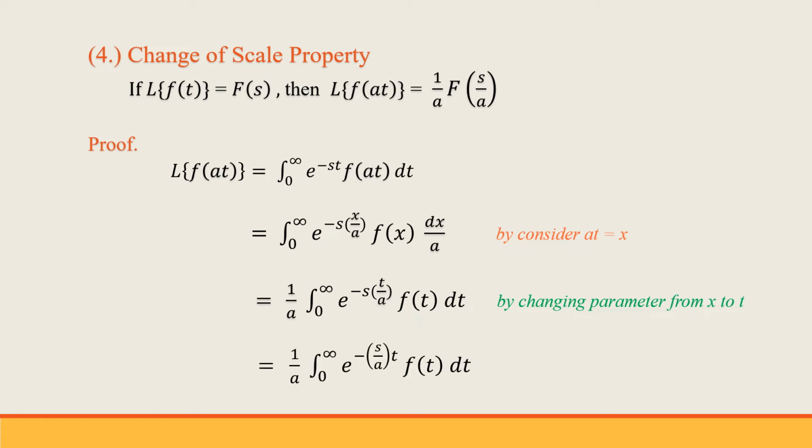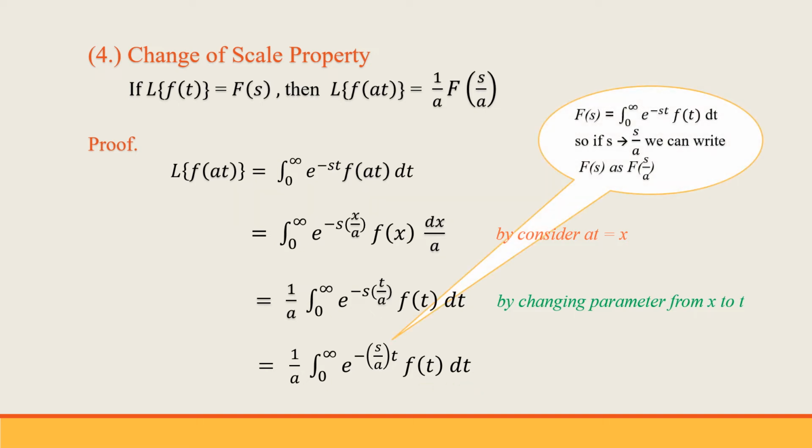Rearranging it as 1/a integral 0 to infinity e raised to the power minus (s/a) into t into f(t) dt. Now look here, as F(s) is equal to integral 0 to infinity e raised to the power minus st f(t) dt, if we replace s with s/a, we can write F(s) as F(s/a).